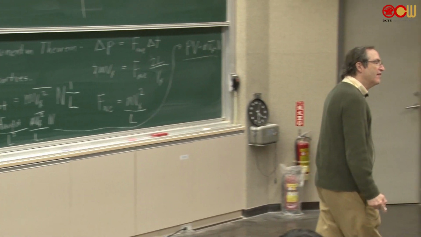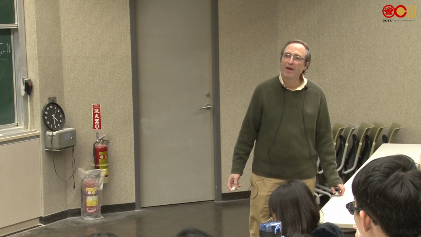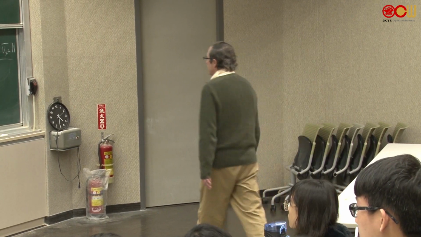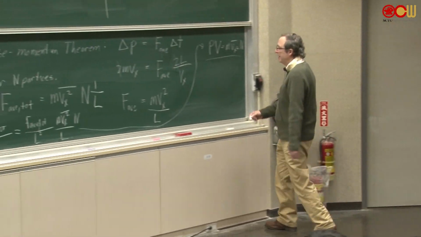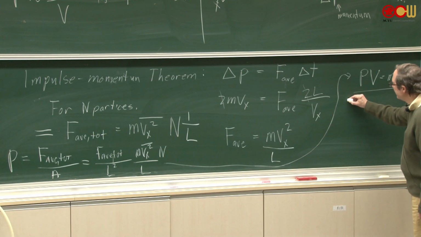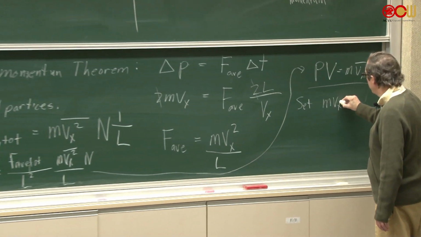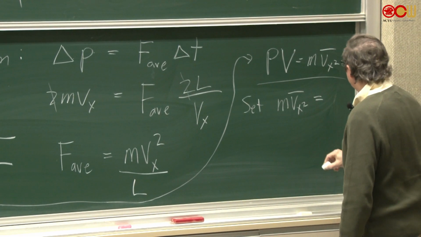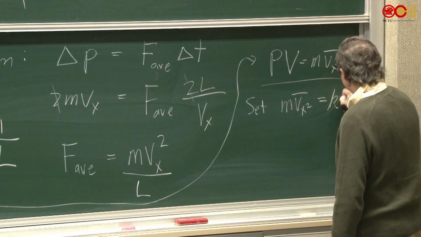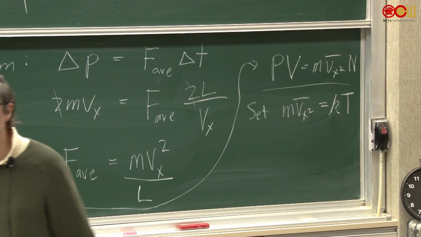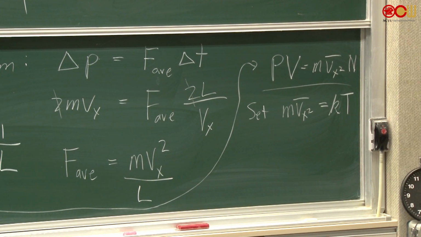So what do we do? You make a hypothesis, an assumption. In kinetic theory, we set m vx squared average equal to kT. We just make up that it's kT.